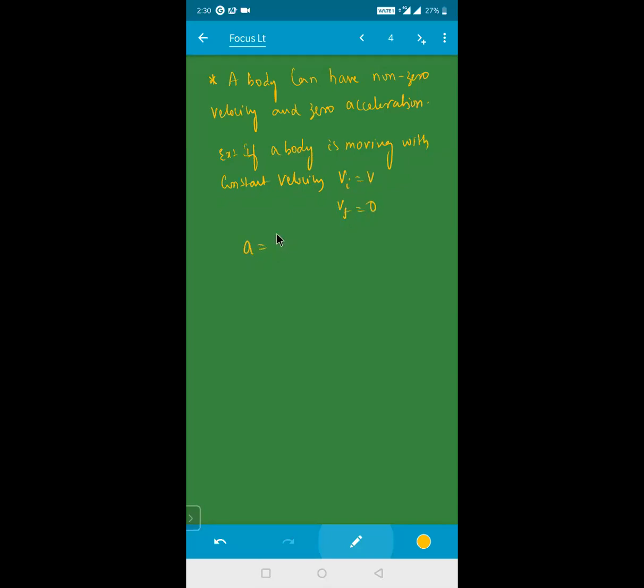Then what will be the acceleration? a equals v final minus v initial divided by t. So how much is it? It is 0 meter per second squared. Initial is the same, final is the same. Still the velocity is non-zero, but the acceleration becomes 0. Is it clear for everyone?